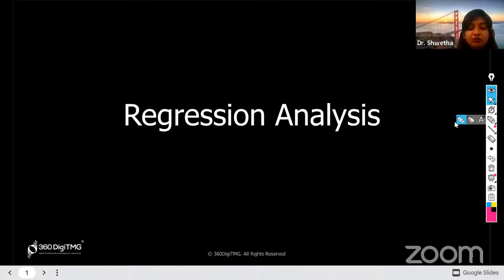Then we moved ahead to learn about the machine learning algorithms. We saw about the supervised learning and unsupervised learning. In unsupervised learning, we saw an example wherein we saw how clustering works, mainly the k-means clustering. And today we will be moving ahead with supervised learning, and that we'll be dealing with regression analysis.